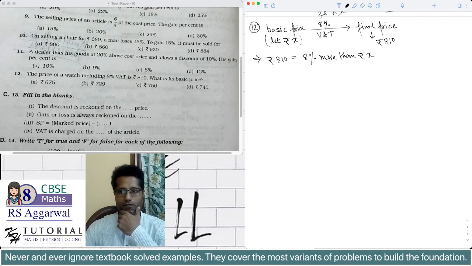So the final price, rupees 810, must be equal to 8% more than rupees X, where X is, as per our assumption, the basic price.